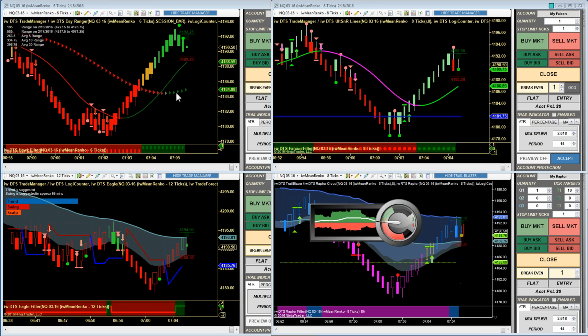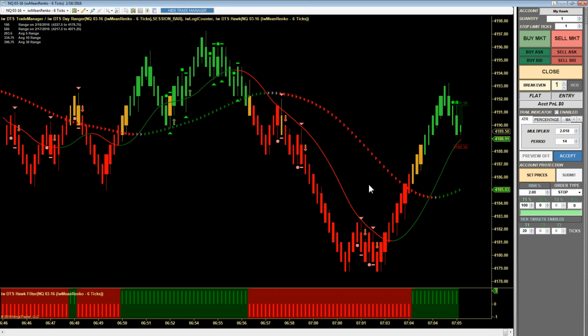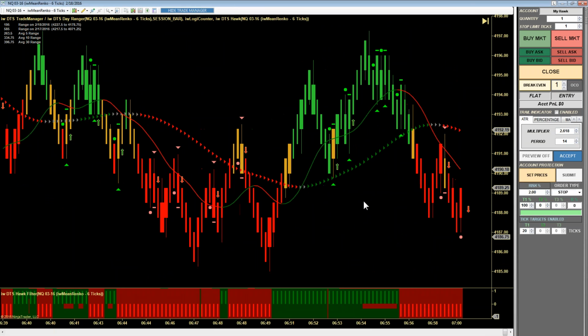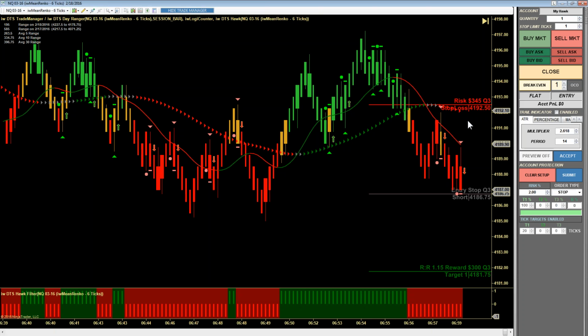Yeah, Mo says using the macro line for a stop is probably a pretty good suggestion. And again, a lot of times when you take a signal, if the market is going to retreat, here's a first micro macro cross. If the market's going to retreat, my first thought is that it's going to become a macro pullback.